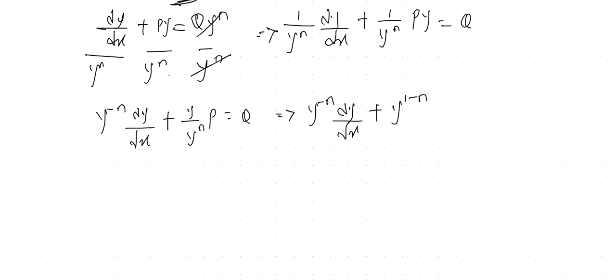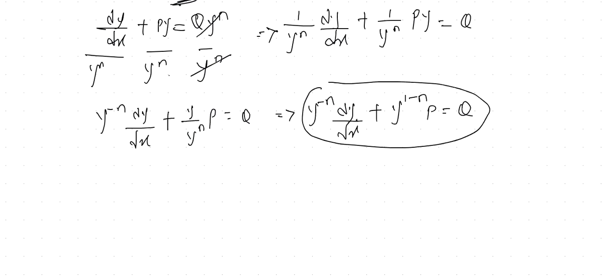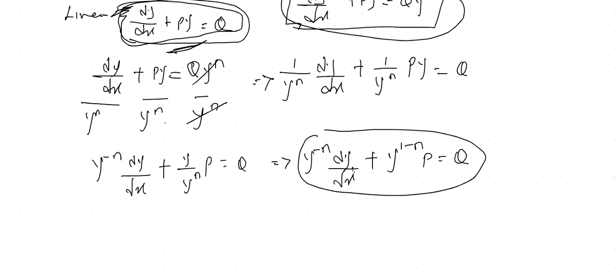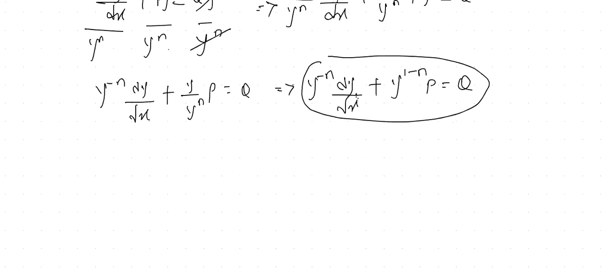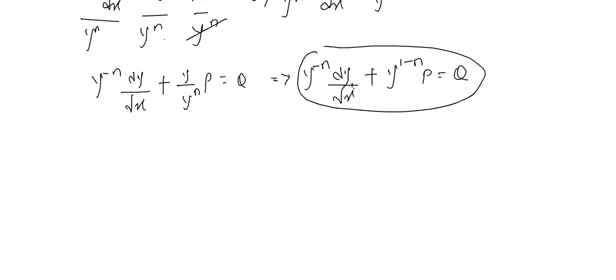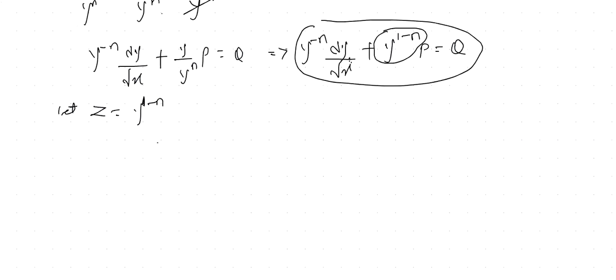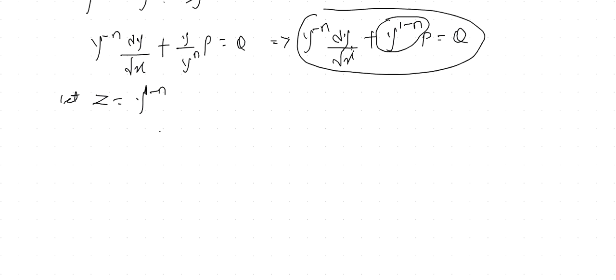Now this form is looking like that of the linear equation. The next thing is to make it simpler. Let z be equal to y raised to the power of 1 minus n. If we say that, then let's differentiate with respect to x.